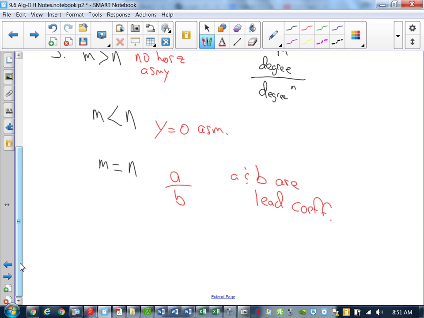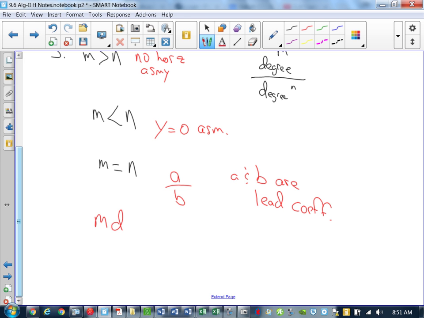All right. And what was the case then where you had the slant asymptote? When the degree of the numerator was 1 more than the denominator. Remember that?